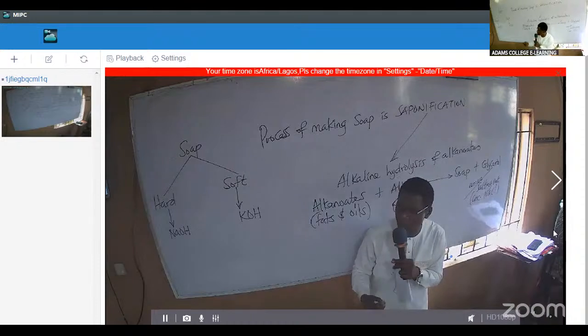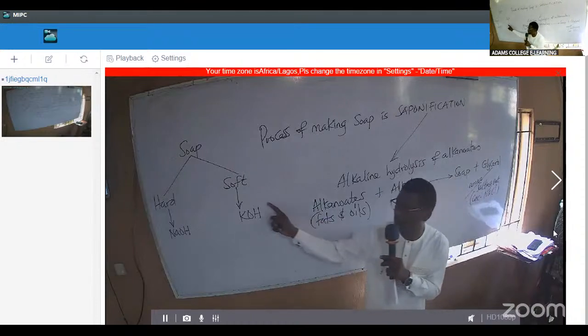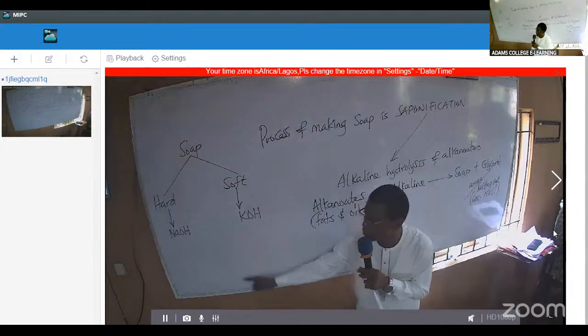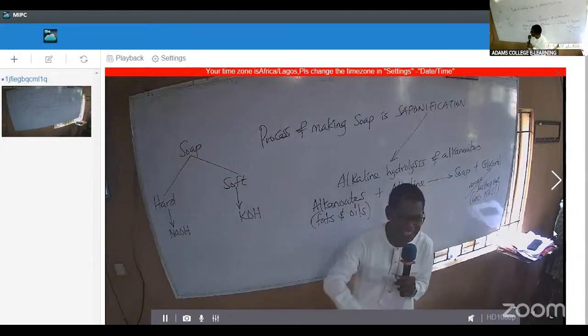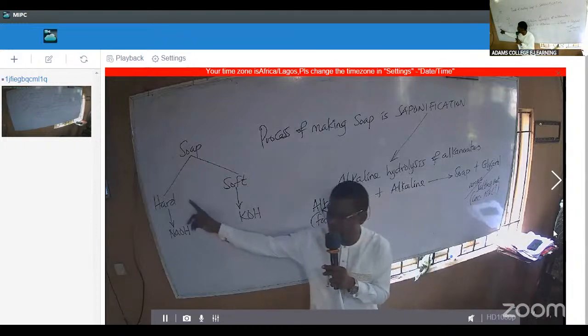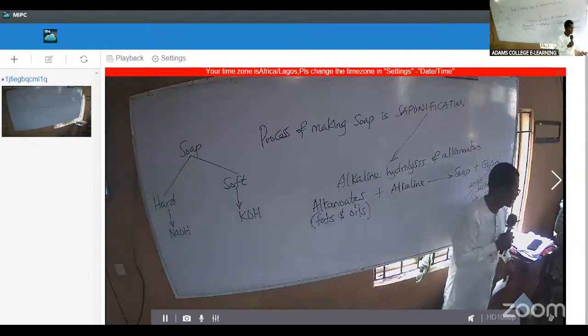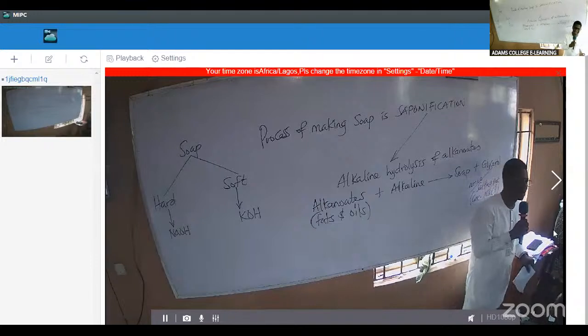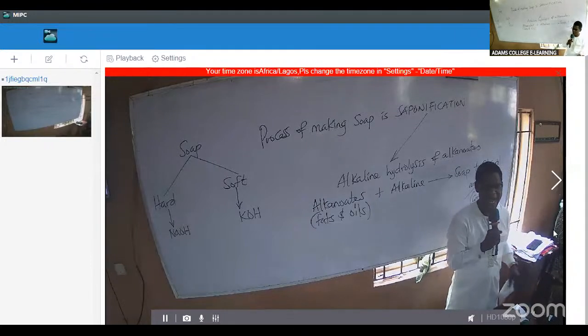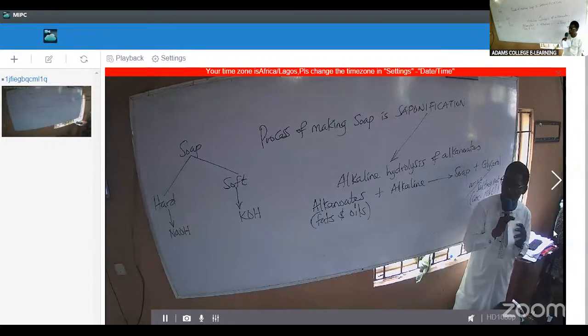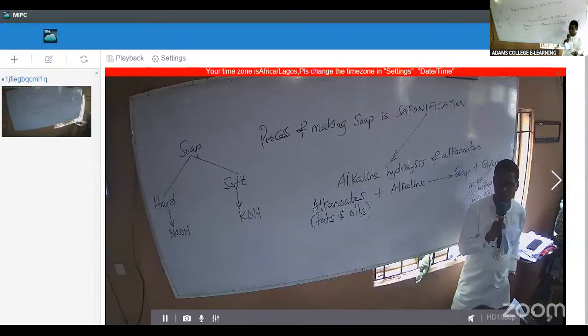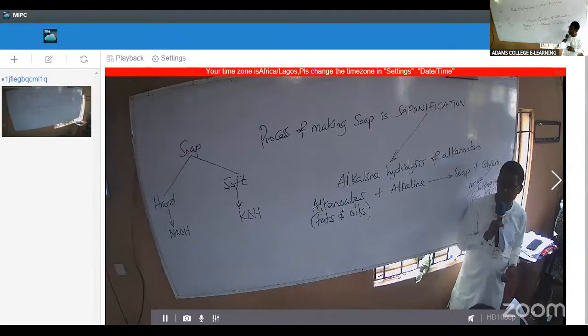They contain potassium. But the one for washing plates and clothes, they are hard soap. And they contain sodium hydroxide. So what does hard mean? It means it has higher soda content. So if you use that one, sometimes it can affect the palm.